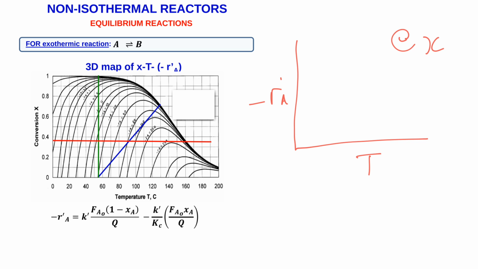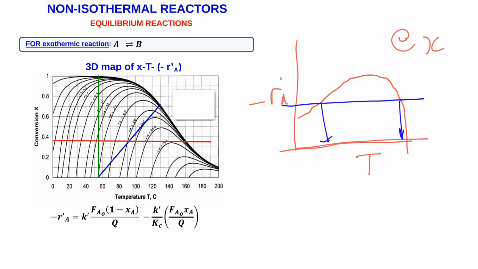So for each X value, I will have a maximum, an optimum in the rate, and then the drop down the cliff to the zero rate value. It is important to see that I can achieve the same rate at two different operating temperatures.